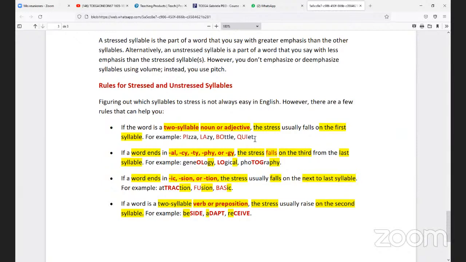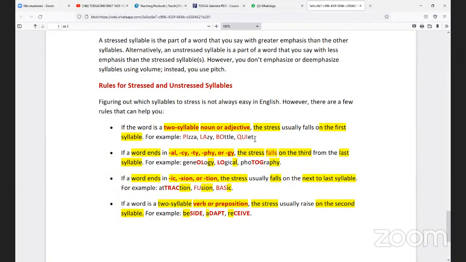Could you maybe give me a noun with two syllables? Another noun, Chris? It could be an animal. It could be an object. Table. Excellent. Table, right? So, an adjective? Easy. Easy.